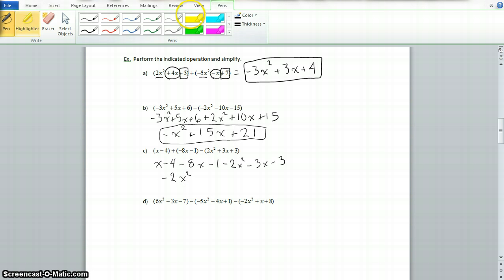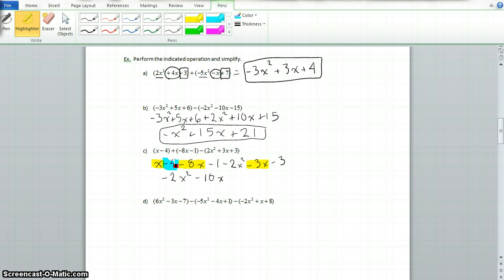Alright, let's find all these x terms. We'll highlight them. Here's an x out front, a negative 8x, and a negative 3x. So if we combine all those together, we'll have, what, negative 10x. Alright, and let's highlight those constants in blue.